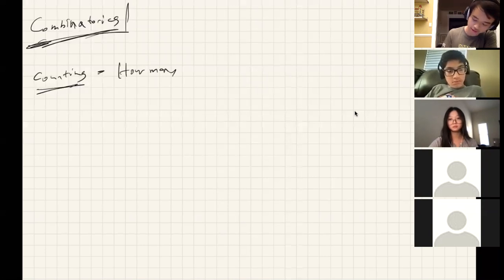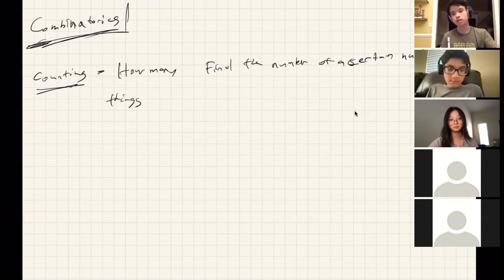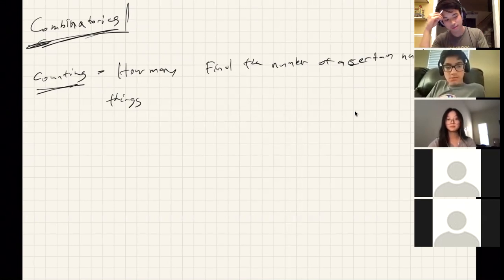You're asking to find the number of a certain number of things. A lot of times in most competitive math, it's always asking you to find the number of certain things.